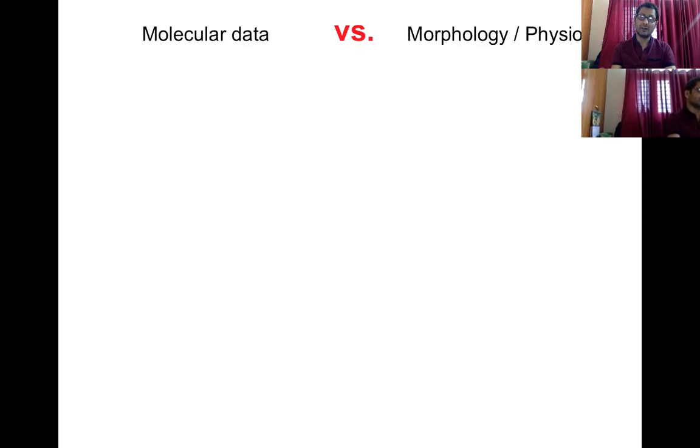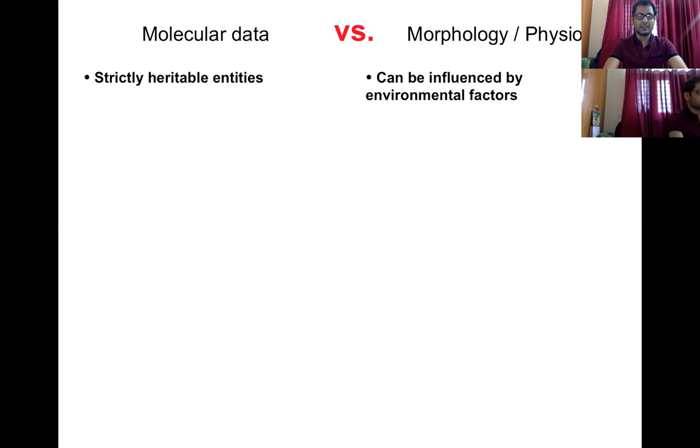It depends on how the DNA of one species is similar to the DNA of another species. So if we see the differences, molecular data consists of strictly heritable entities, DNA and RNA, which are heritable from one species to another.